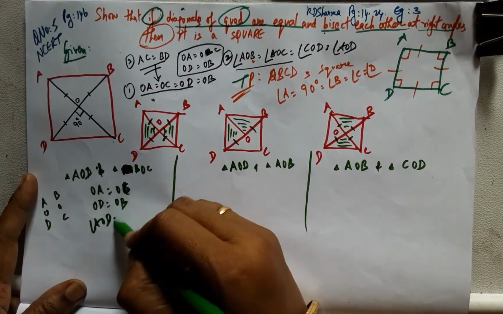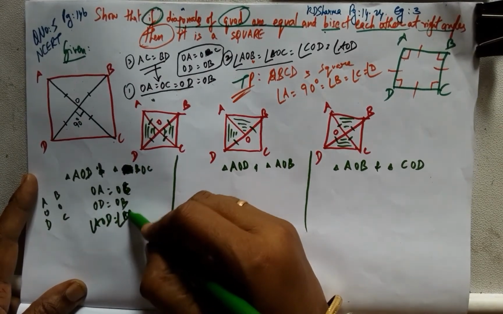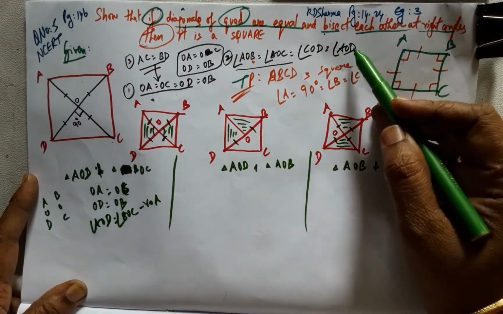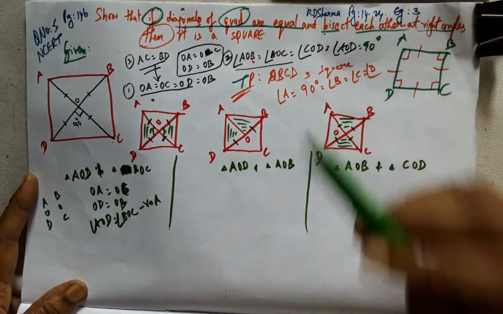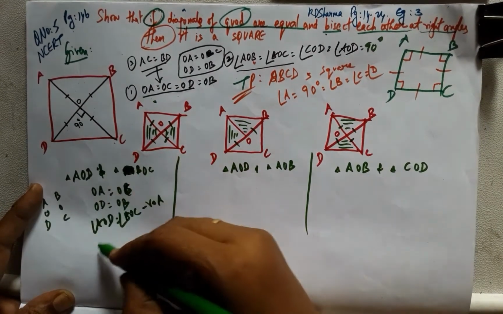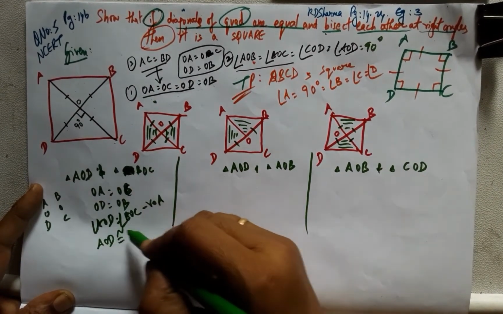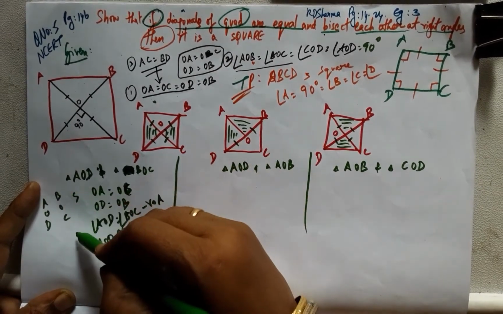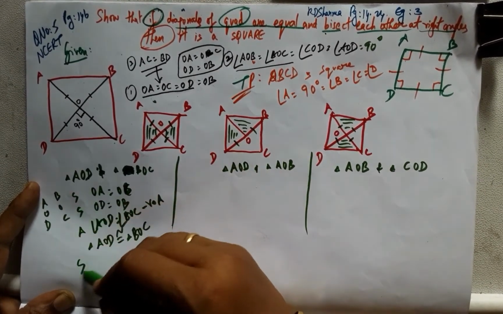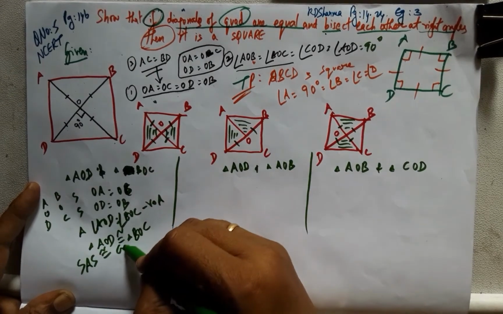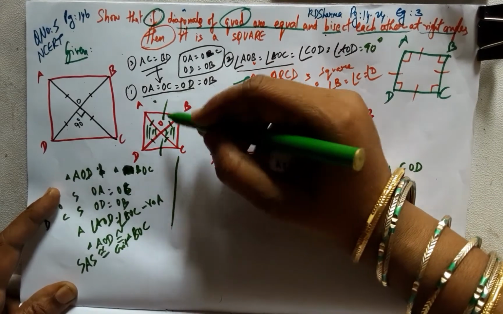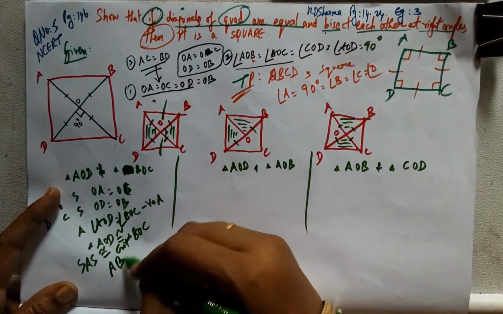Angle AOD equals angle BOC by vertically opposite angles, and also it has been given that they are bisected at right angles. From this we have AOD congruent BOC by side included angle and side, SAS congruency criterion, and from this we infer these two sides are equal.